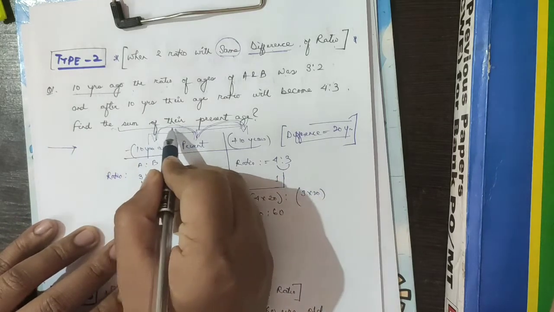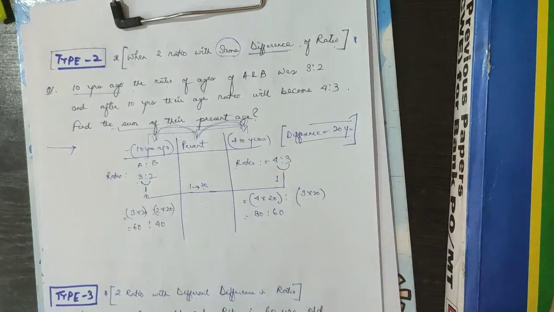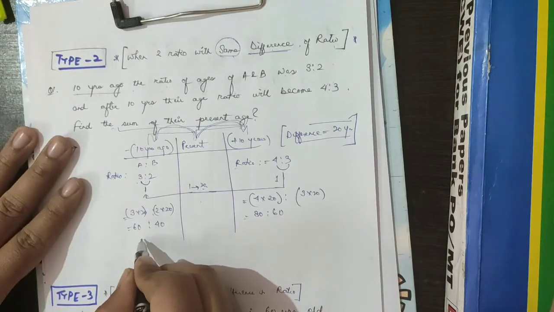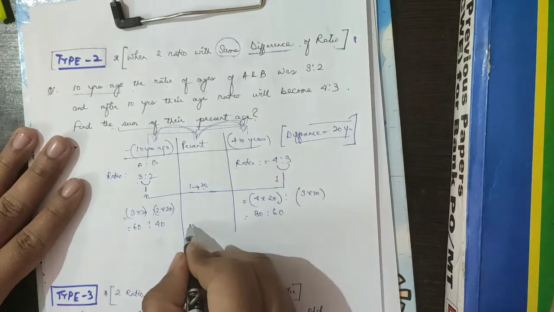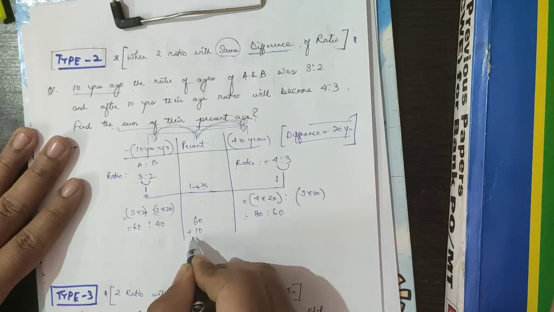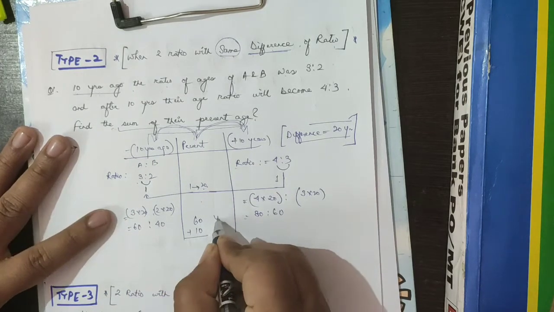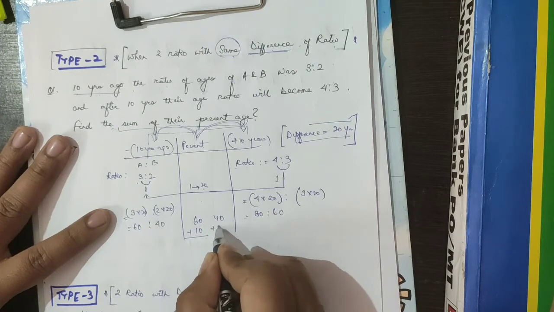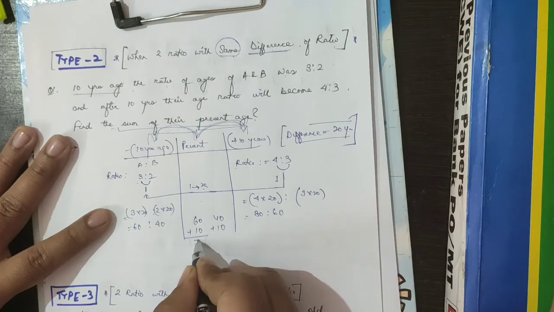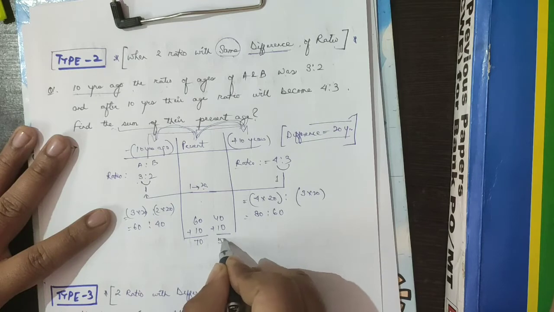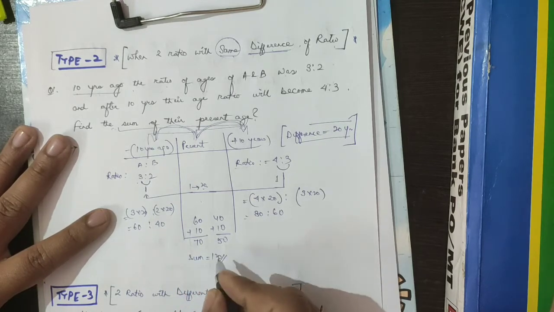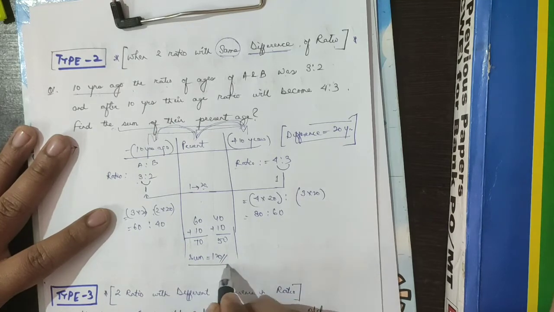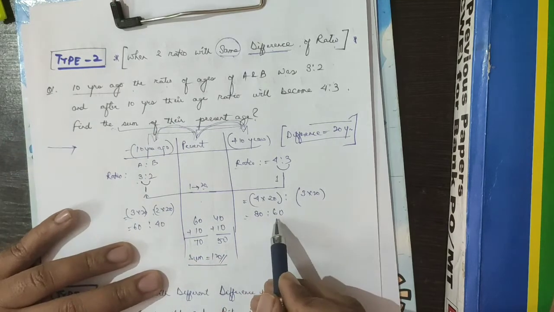If they ask the present age, then from 60 going to the present you have to add 10, and for 40 also plus 10. That gives 70 and 50. The sum is 120. This is the answer.